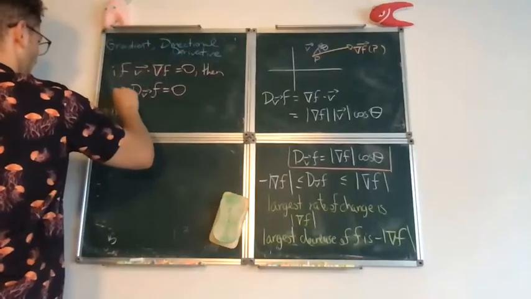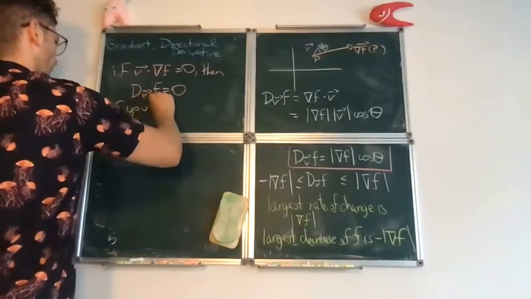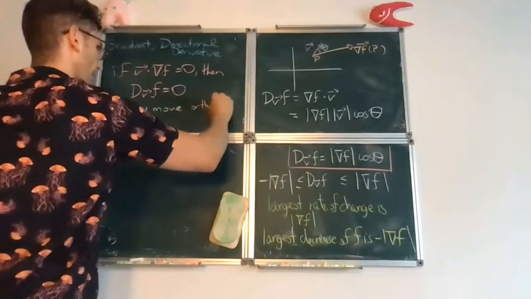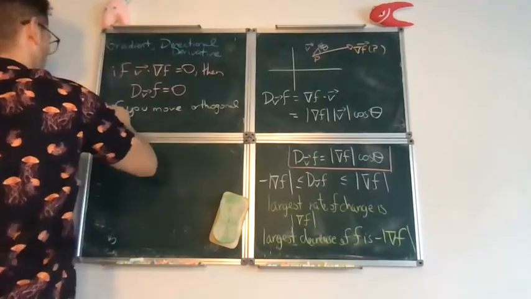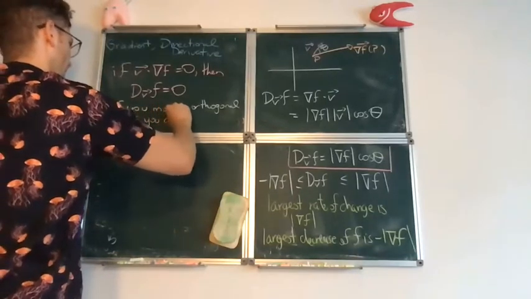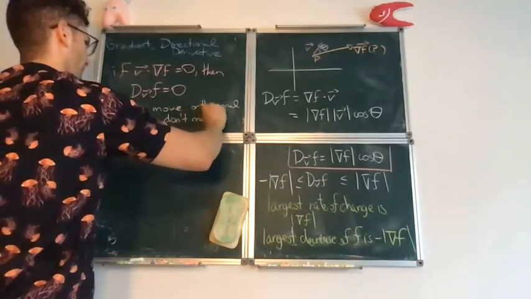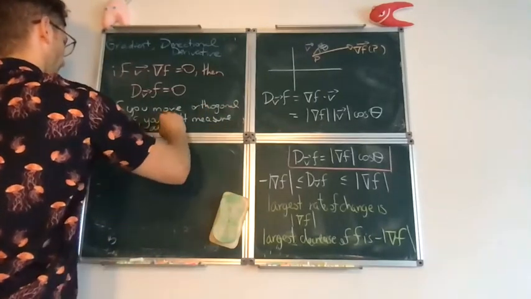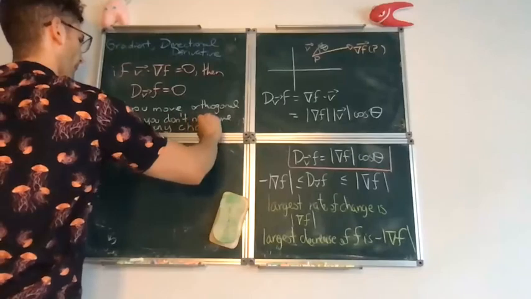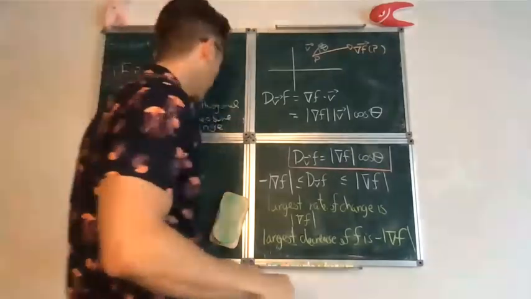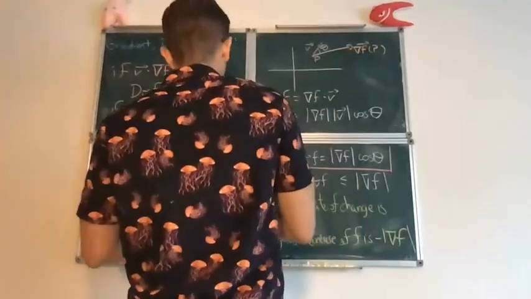So if you move orthogonal to the gradient, you don't measure any change of f. And so the question is, if there are natural situations when that happens.